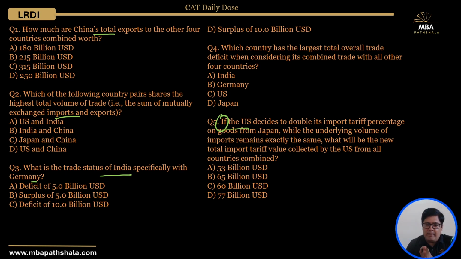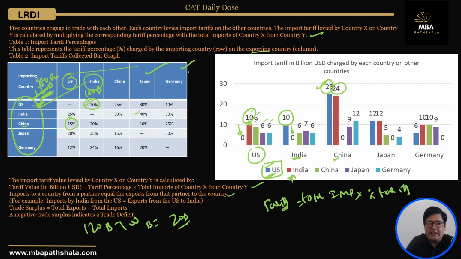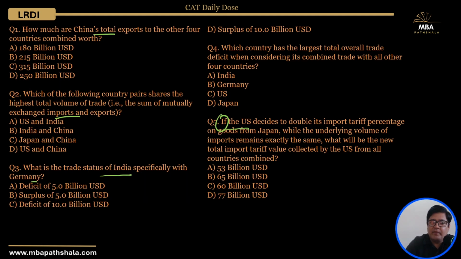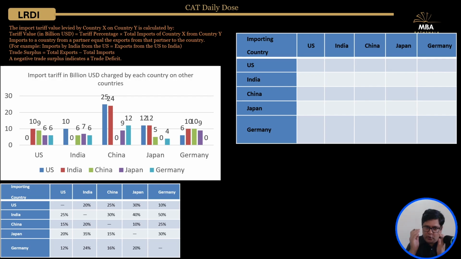So the first thing I need to keep in mind is that to solve this, I need to again form a table like this. In that, rather than writing percentage, I will write the amount of trade happening. I'll show you how. Once you read the question, you should be able to reach this conclusion that you need a table like this. US is not going to import anything from itself, so the first column should be 0.